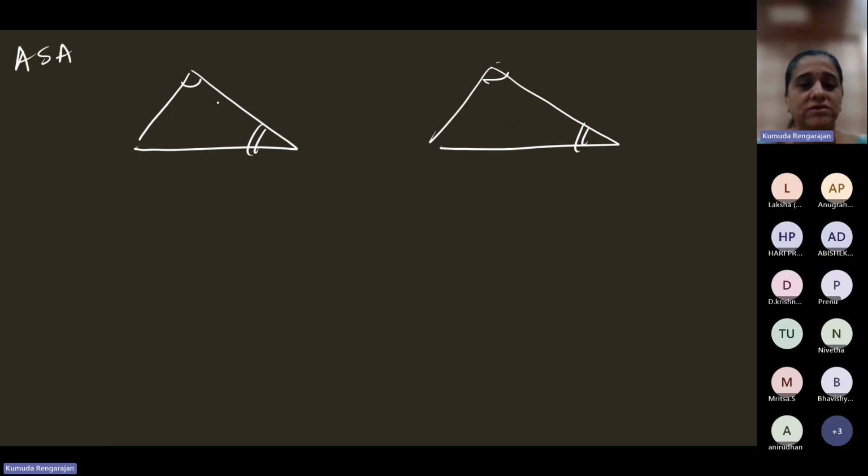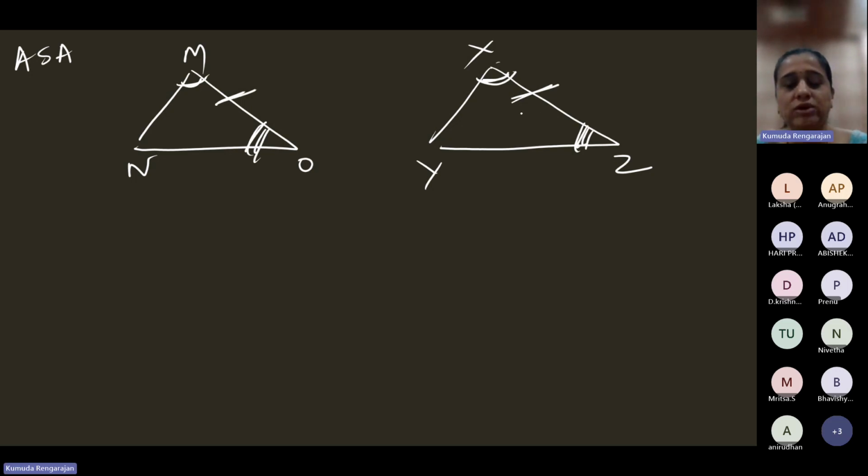Okay, and this side is equal to this side. Let me mark this as MNO and XYZ. So when you have information of this kind in two triangles, this angle is equal to this angle is given, this angle is equal to this angle is given, and this side is equal to this side. Now you can see that this side is contained by these two angles.